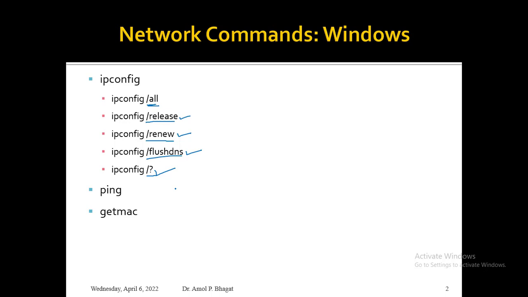For example, the Ethernet adapter used in my device and the Ethernet adapter used in some other device, for example a mobile device or maybe a laptop and PC, every Ethernet adapter has a unique MAC address assigned by the manufacturer of that particular adapter.